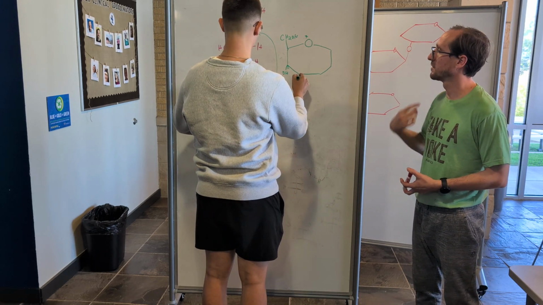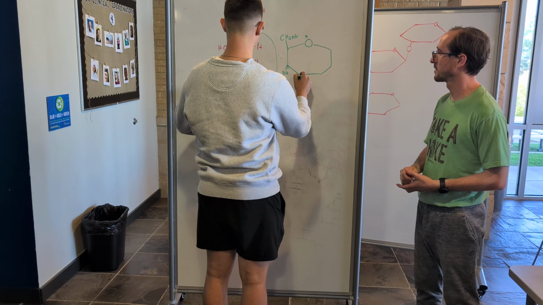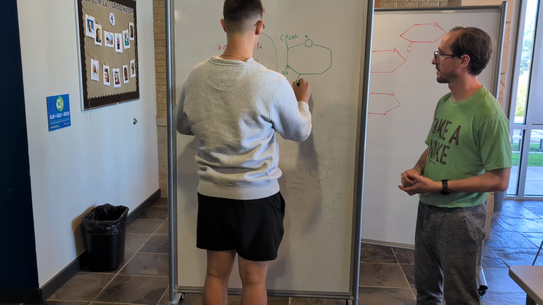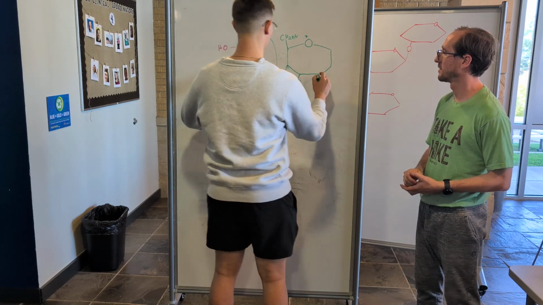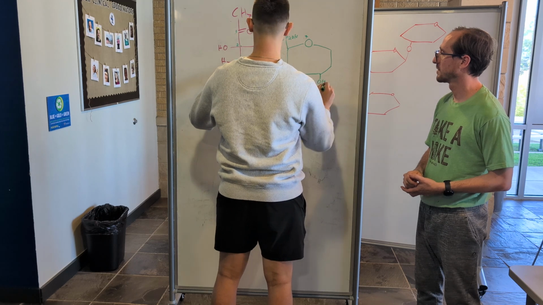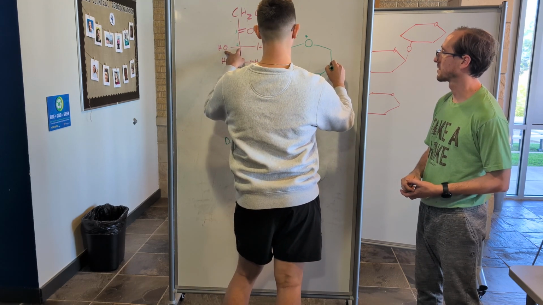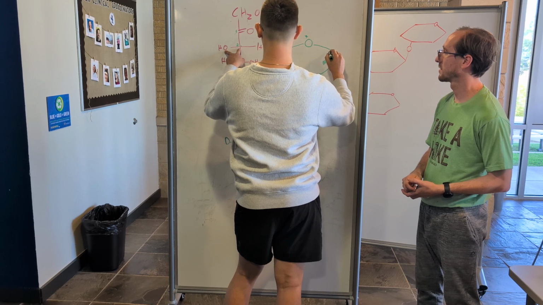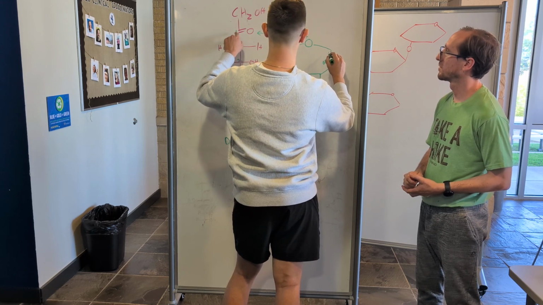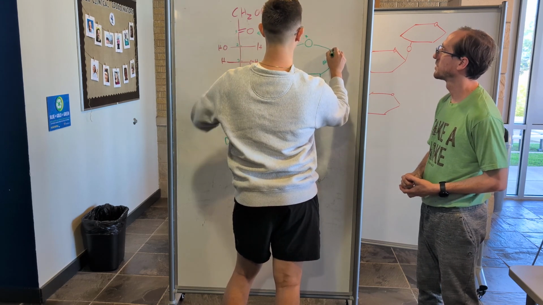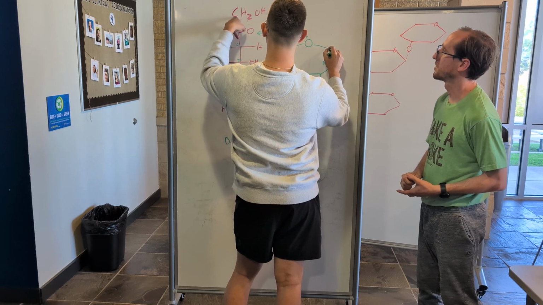And then 4, OH is on the right, it's gonna go down. 3 on the right, it'll go down. 2, it's connected to the left, so it's gonna go up. And then here, this is 1.